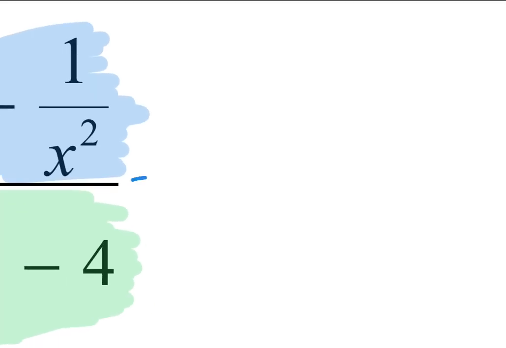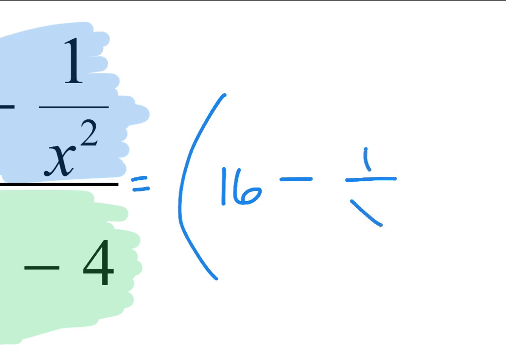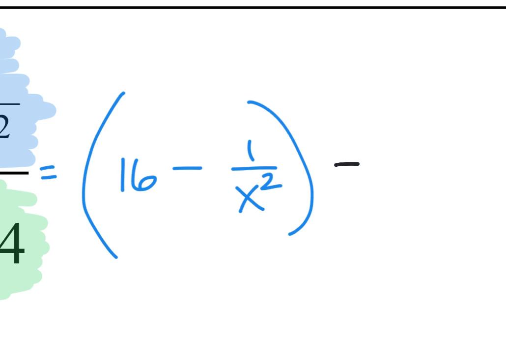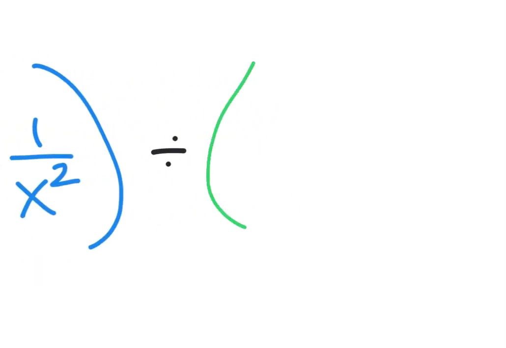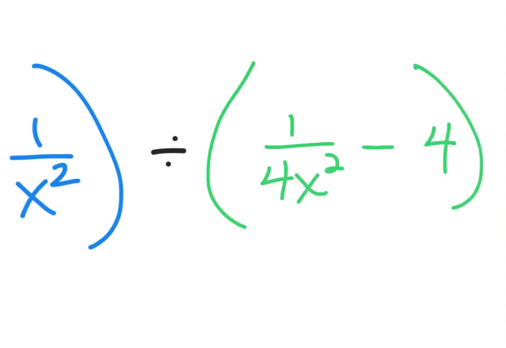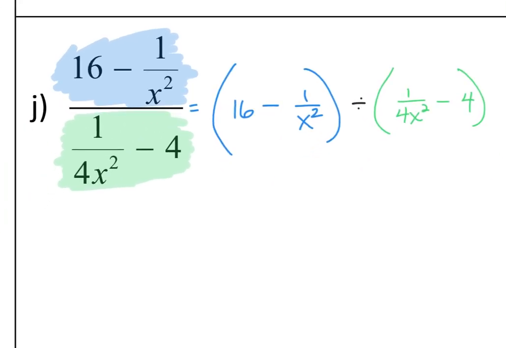So I'm going to use big parentheses, and I'm going to say 16 minus 1 over x squared, and that whole thing divided by, and then the denominator, 1 over 4x squared minus 4. So rewrite that as a division problem to start with.